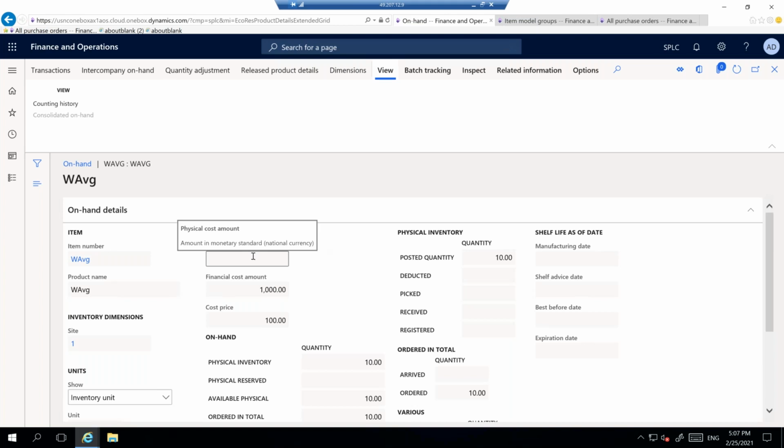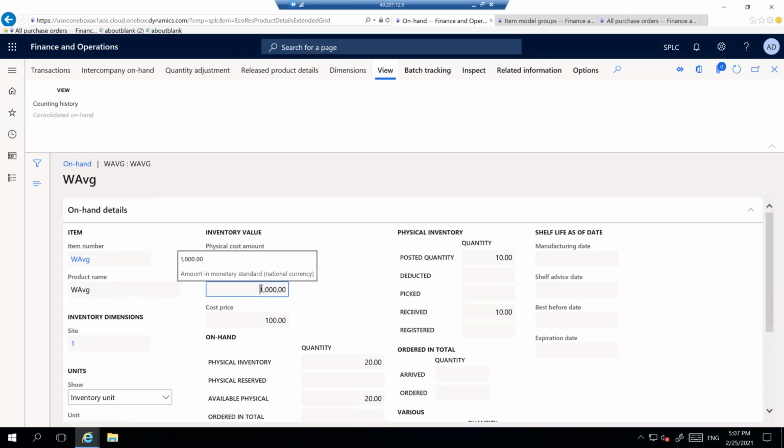So it will become 1200, this one, but cost price and physical amount have no change, because you have received only the product receipt.